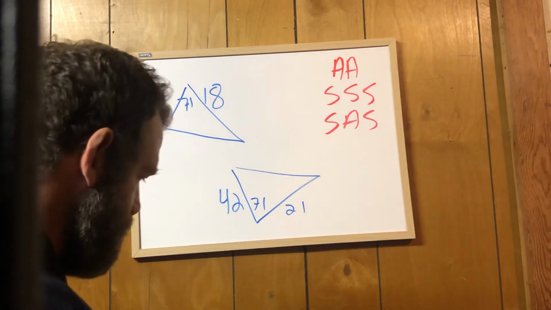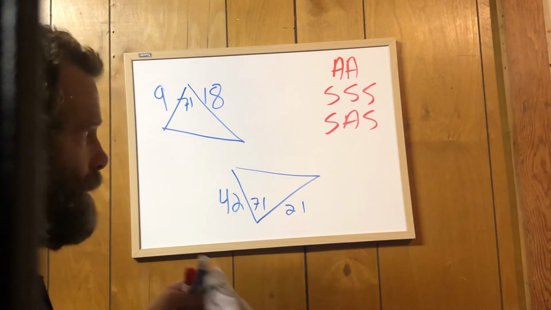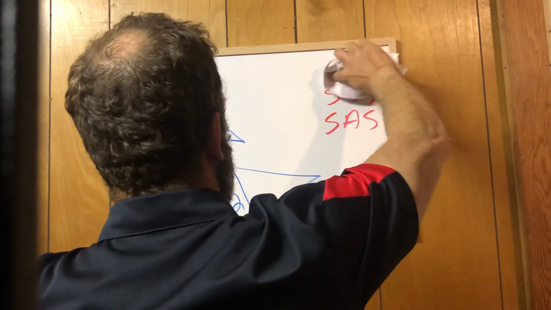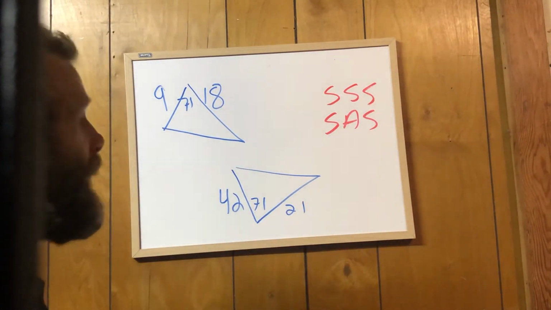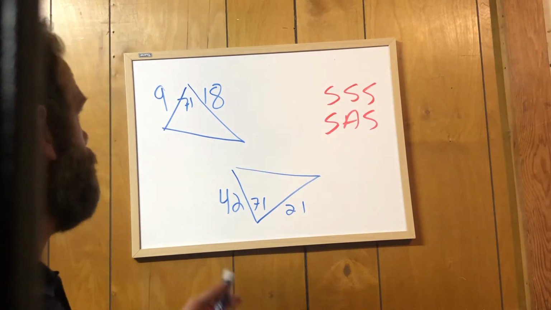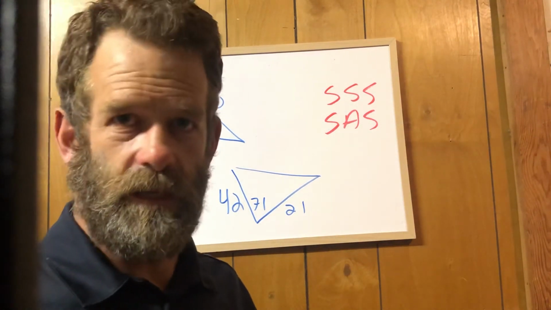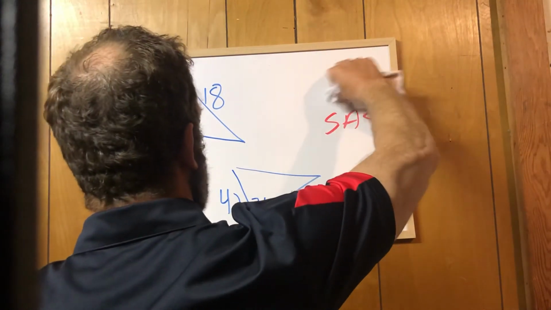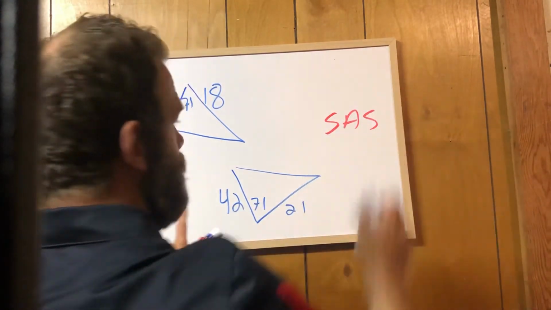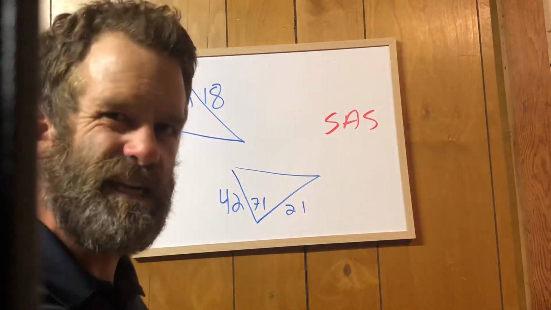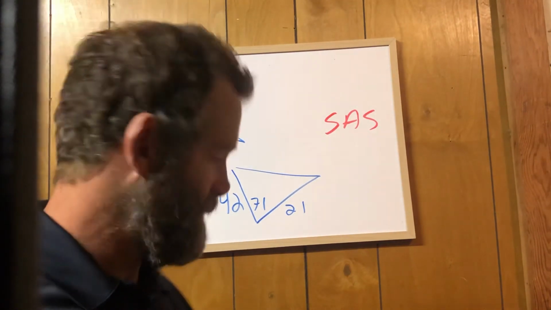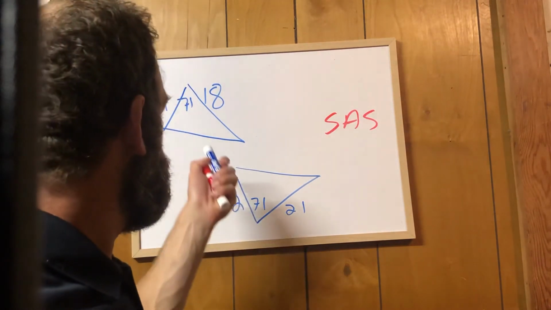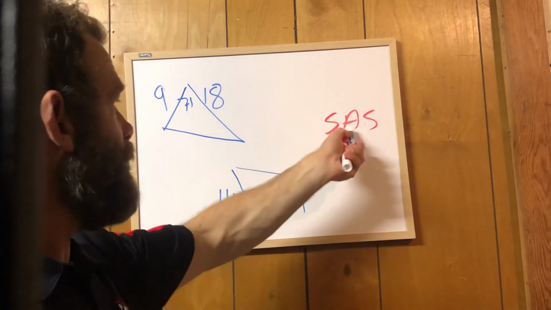So you should look at this right off the bat and go, well, I know that I can't use angle because I don't know another angle. I can't use side. Well, technically you could if you knew the law of cosines, which you're not going to learn in this class. You're not going to learn that until Math 3, by the way. So if you're like, what the heck is law of cosines? Don't worry about it. That's not until another year from now. So right now, all you can use is side angle side.